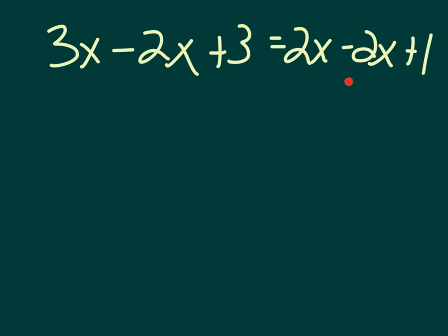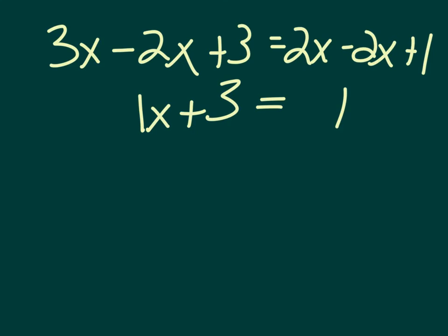So I showed the negative 2x on both sides. 3x minus 2x is just 1x plus 3 equals 2x minus 2x is 0 x's. So I'm not going to write 0x, I'm just going to write the plus 1. If you have that little plus there, it doesn't mean you're wrong. It's just we typically don't write that. All right, so I have 1x plus 3 equals 1.